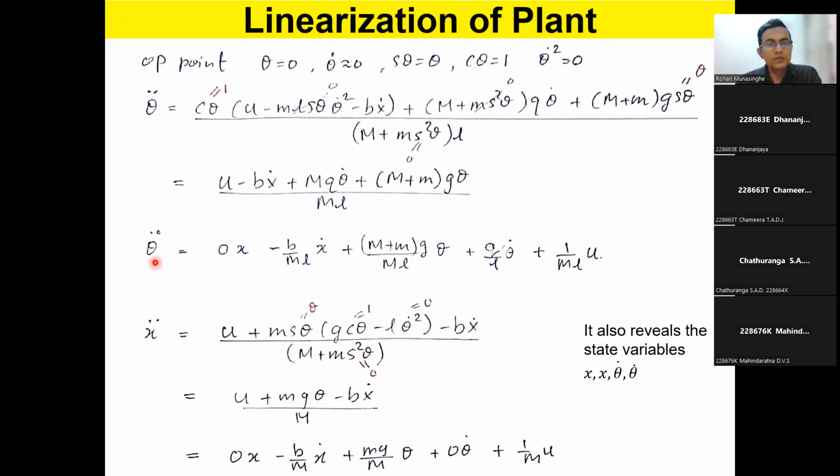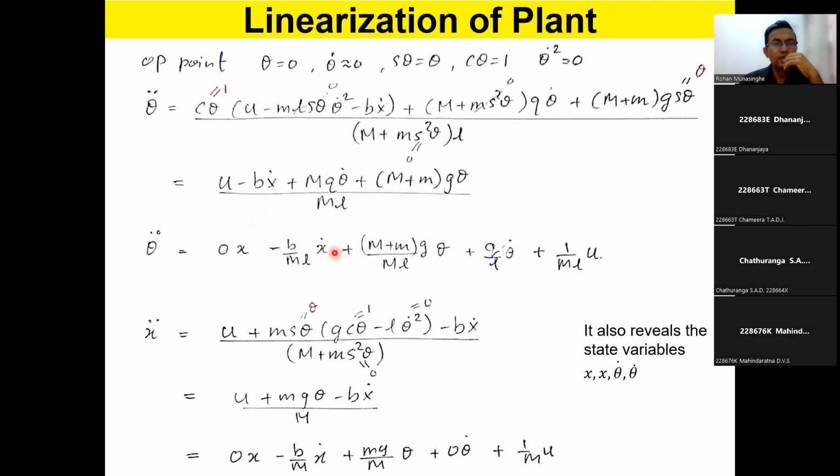Now, you can separate the variables on the right hand side. What do you have? Our main variable set is 4: you have x, theta, x dot, theta dot, right? So if you separate the right hand side into the 4 variables: x, there's no x there, so it is 0x.